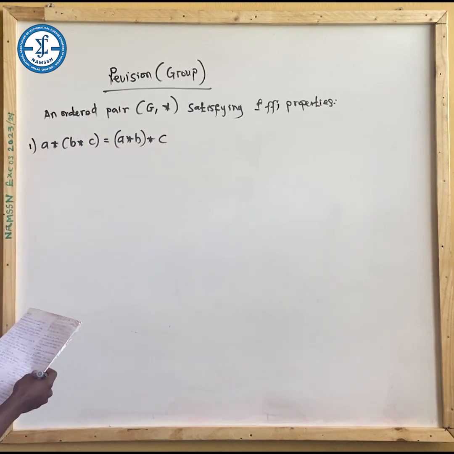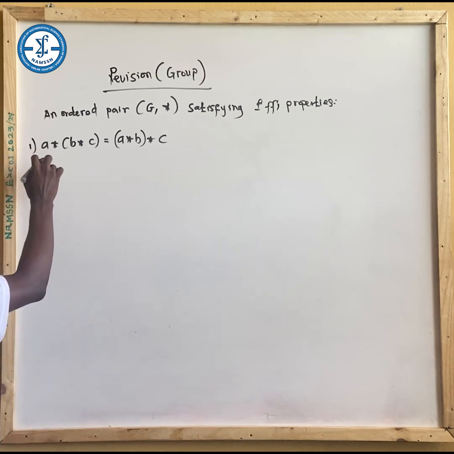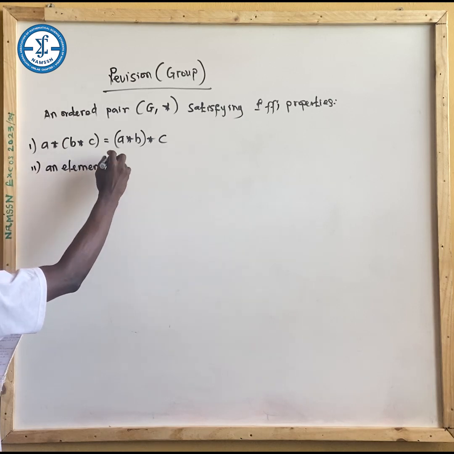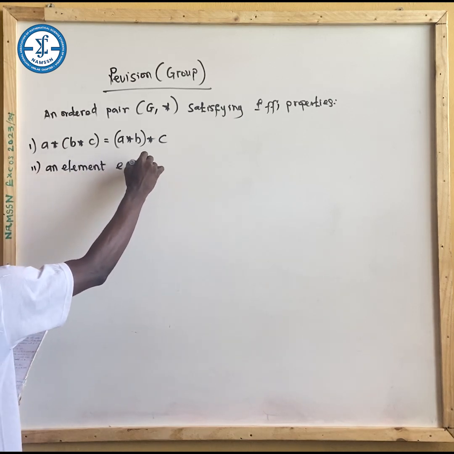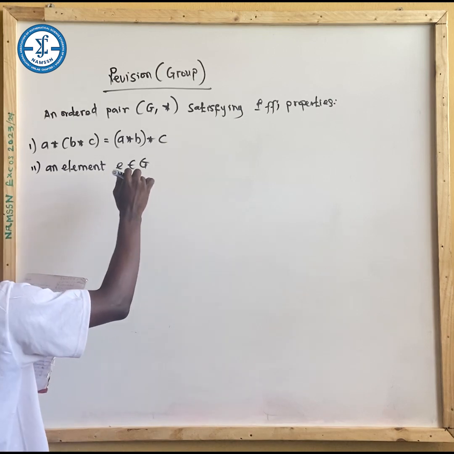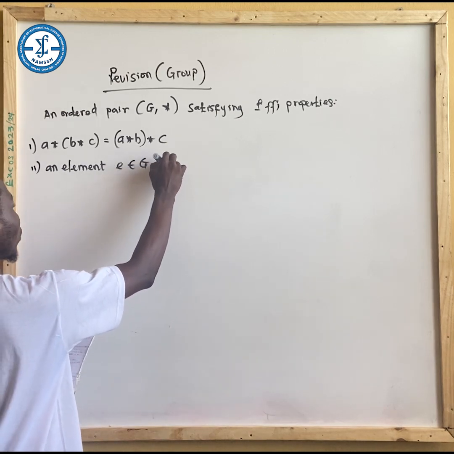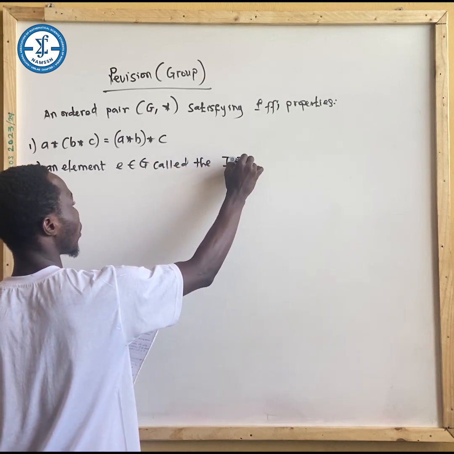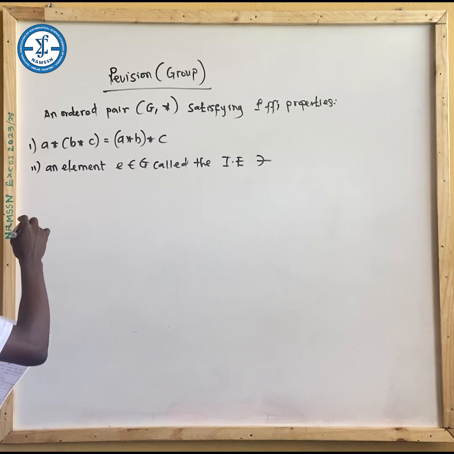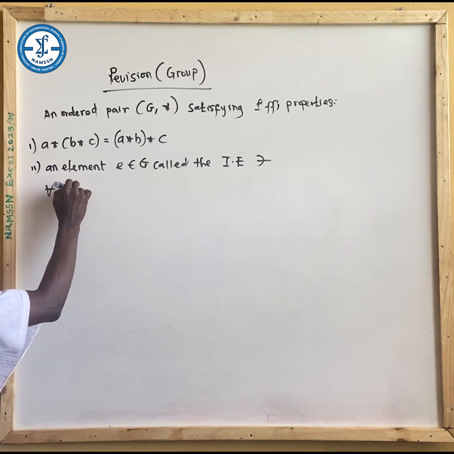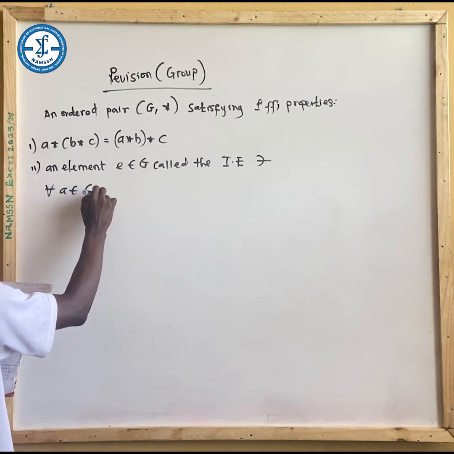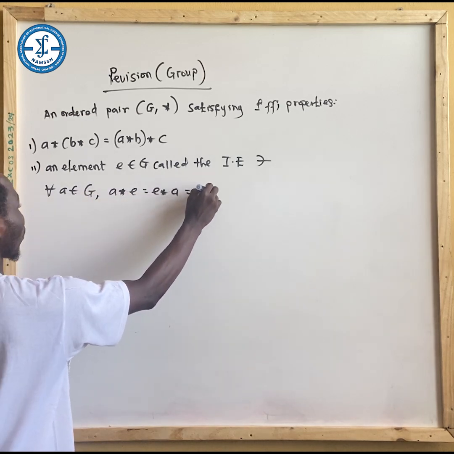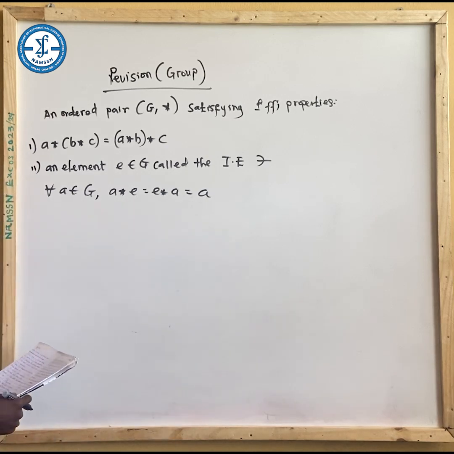And then secondly, there's an element E in G, called the identity element, such that for every A in G, A star E equals E star A equals A. That is the second.